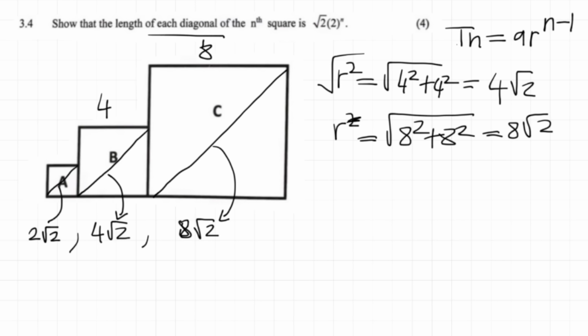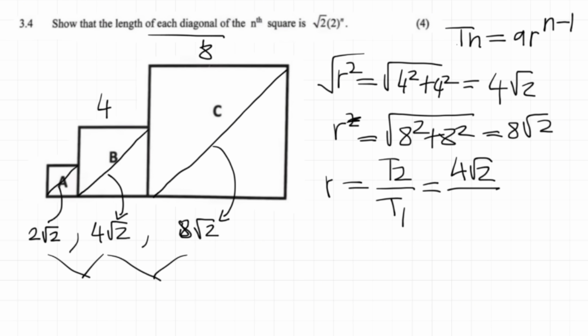So we can see the pattern there, and then we can find the ratio and try to see the nth term of this. Why do I keep saying difference? It's the ratio. To find the ratio, we take term number 2 and divide it by term number 1. Term number 2 is 4 root 2, which we divide by 2 root 2.